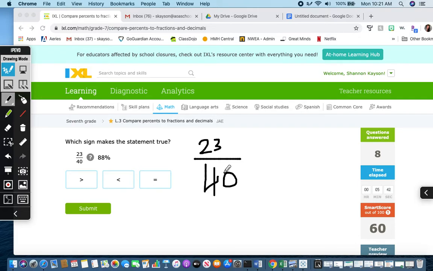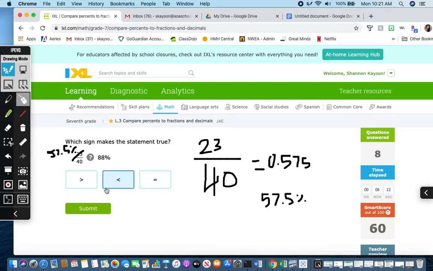So if you put in the calculator 23 divided by 40, you get 0.575, which is about 0.50, so it's about 50%, so 57.5%. Okay, so if you compare that, 57.5%, you can tell is clearly less than 88%.